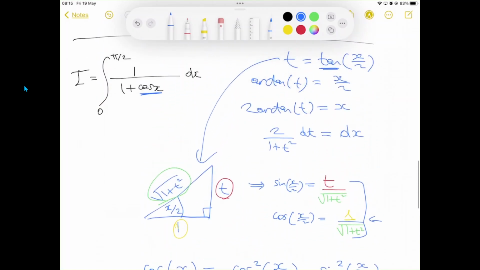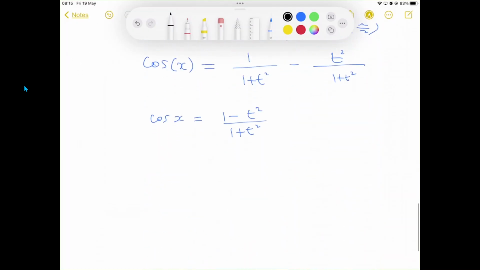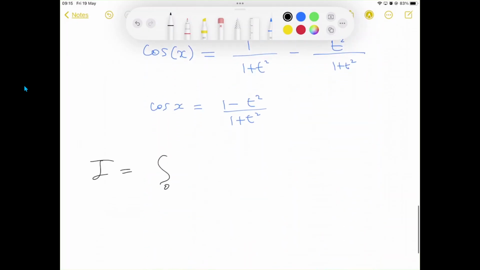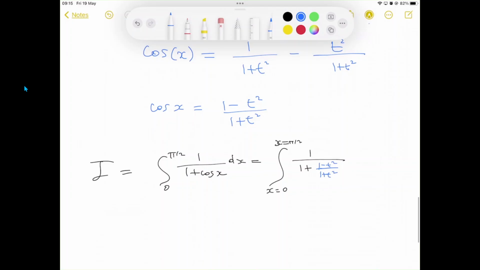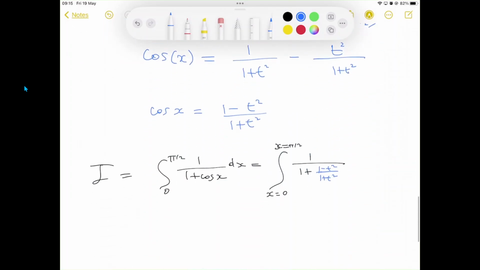And now we can rewrite the integral in terms of t. So I'll rewrite it first in terms of x. So it goes from 0 to pi over 2 of 1 over 1 plus cosine of x dx. This is equal to the integral from x is 0 to x is pi over 2 of 1 over 1 plus whatever cosine of x was in terms of t, this buddy over here, 1 minus t squared over 1 plus t squared, and dx, if we scroll up, is equal to 2 over 1 plus t squared dt.